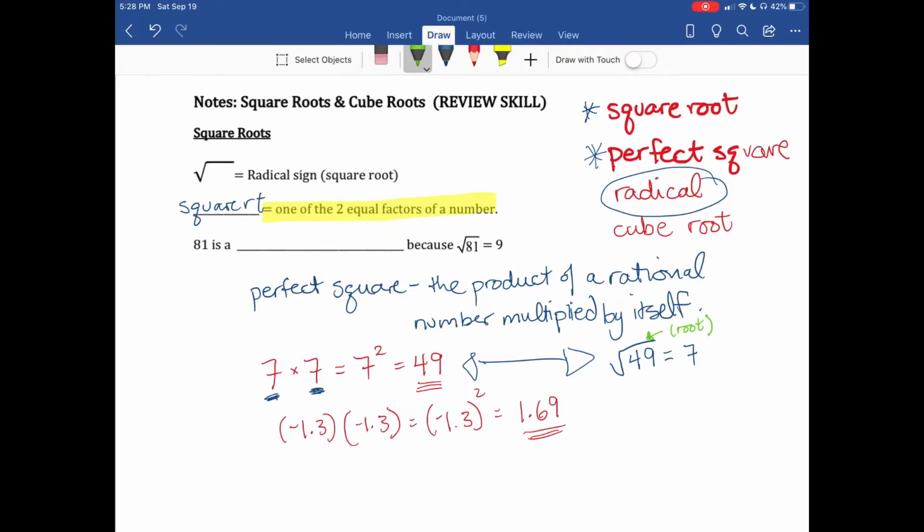So you'll notice this blank here, 81 is a blank because the square root of 81 is 9. Because the square root of 81 results in this whole number that comes out, we could then say 81 must be a perfect square.